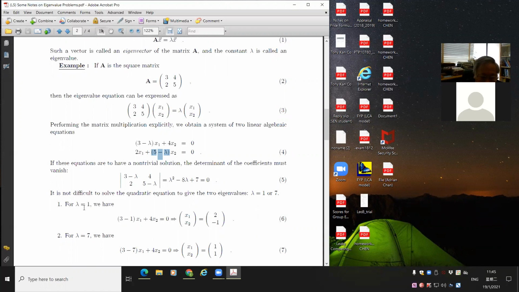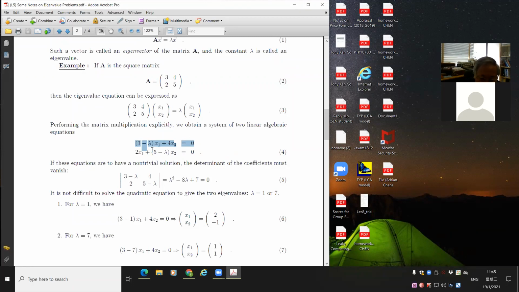For lambda equal to 1, we substitute back into equation 4. We will immediately see that these two equations are redundant. In other words, they are not independent of each other, so we only have one independent equation.